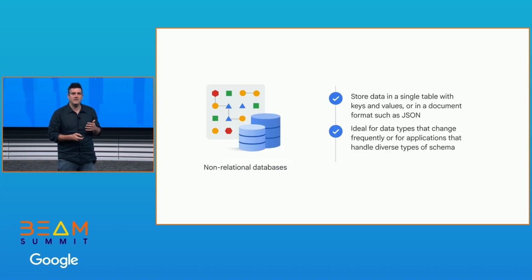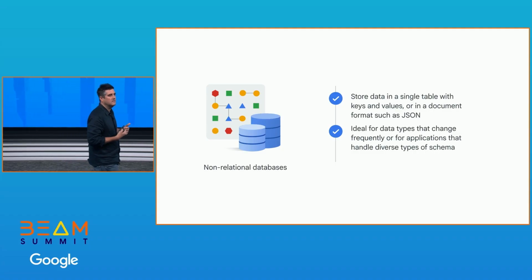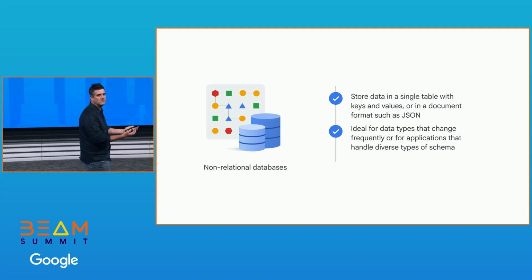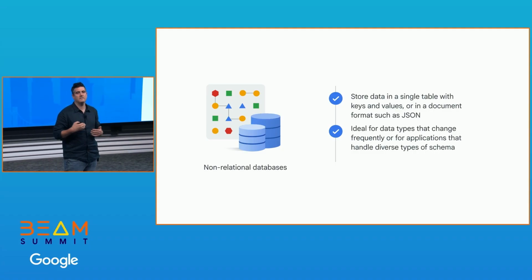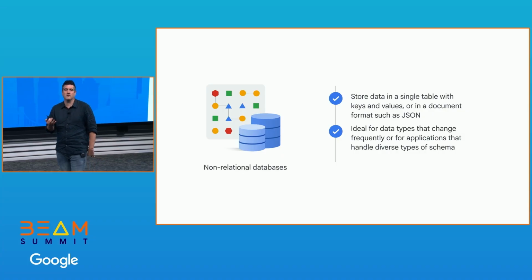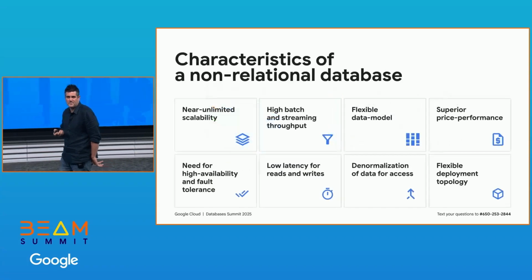That's where non-relational databases come in, where you can store data maybe even in a single table. You've got your keys, you've got your values. Sometimes it's JSON, sometimes it's other formats. This is really the ideal database when you have data that changes frequently, or applications that need to handle a lot of different, diverse types of schema.